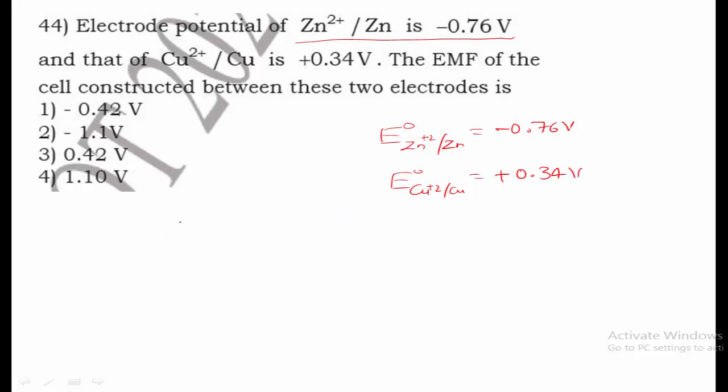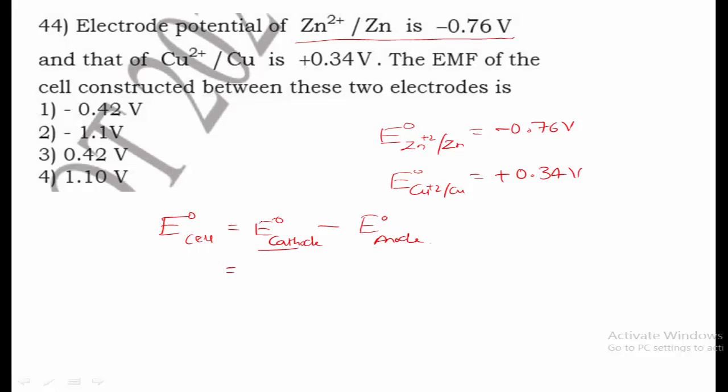Here they asked you to find the EMF or cell potential. How will you calculate? E naught cathode minus E naught anode. Cell potential can be calculated using this formula.